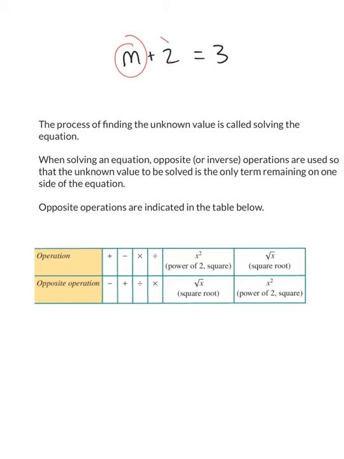If we look at our table, when we've got a plus, we need to apply the inverse, which is a negative. So we take negative 2 on both sides, and we're left with m equals 3 minus 2 equals 1. So m equals 1. As we've got m on its own, we've now solved that linear equation.